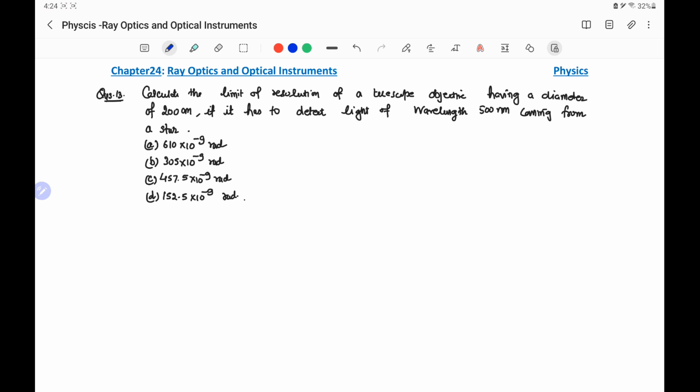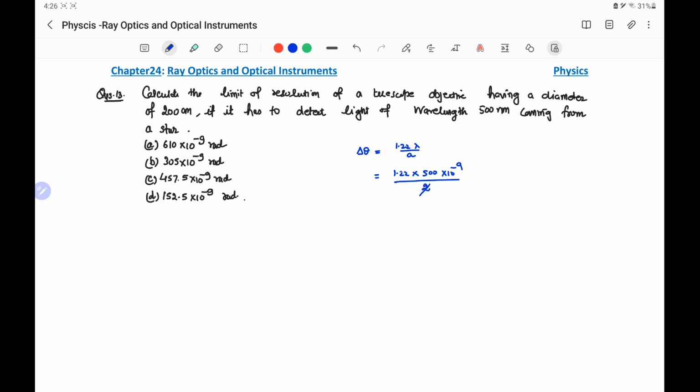We know that the limit of resolution is delta theta, that is the minimum angular separation that the telescope can detect, equal to 1.22 into lambda by A. Lambda is the wavelength of light and A is the diameter of the lens. So it is 1.22 into wavelength, 500 nanometer, so it will be 500 into 10 to the power minus 9 meter. And the diameter of the lens is given as 200 centimeters, so in meter it is 2.